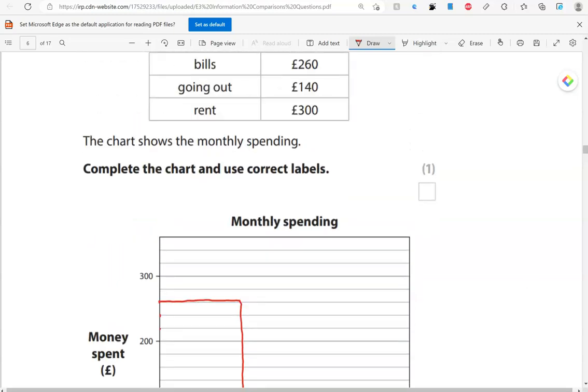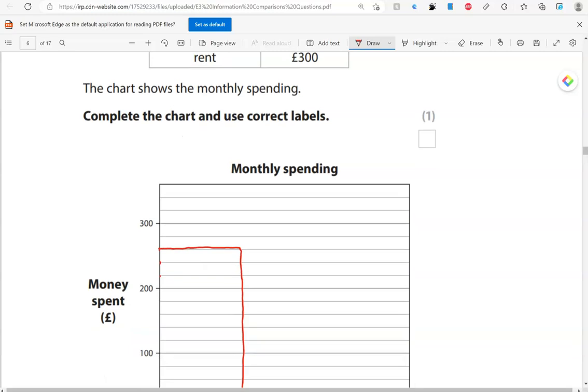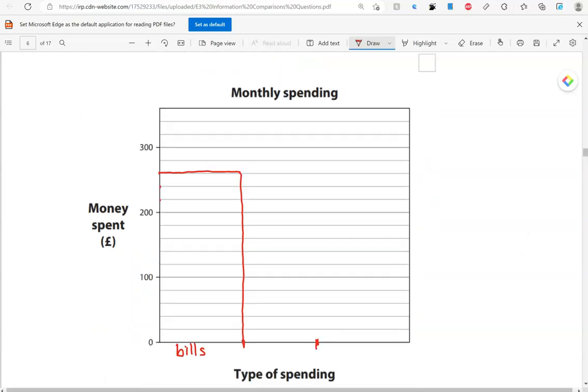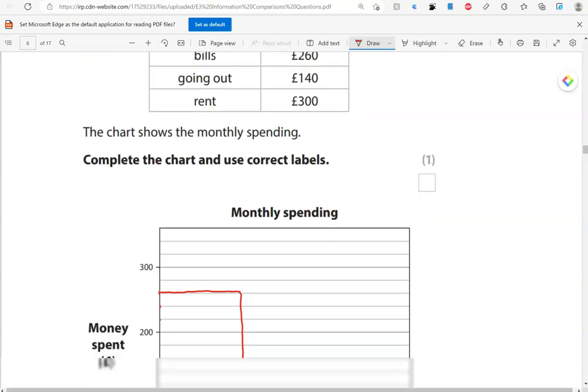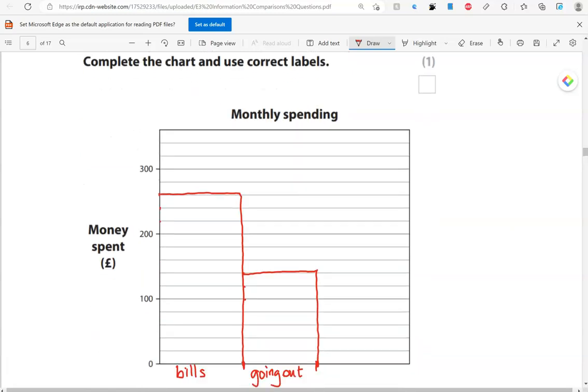Now going out, so 140. So 100 is here, 120, 140. And finally, rent goes up to 300.